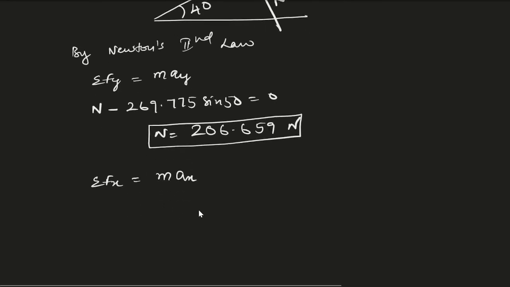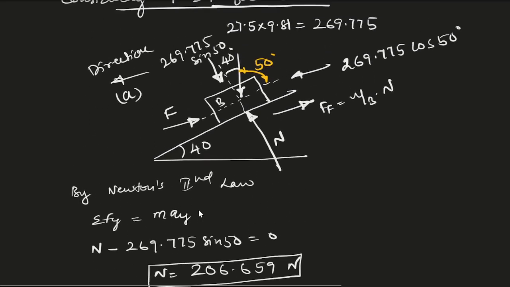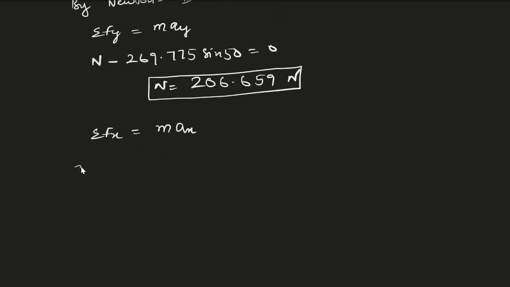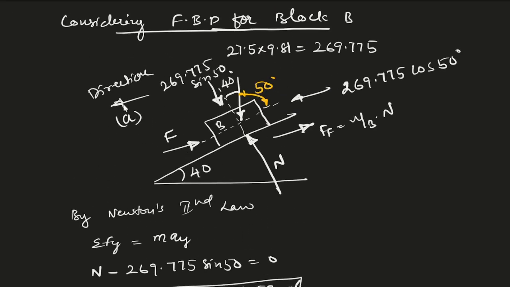For block B, what are the forces in the horizontal direction? We have 269.775 cos 50, in the same direction as the block, so positive. And we have the frictional force, which is negative, that is mu b.